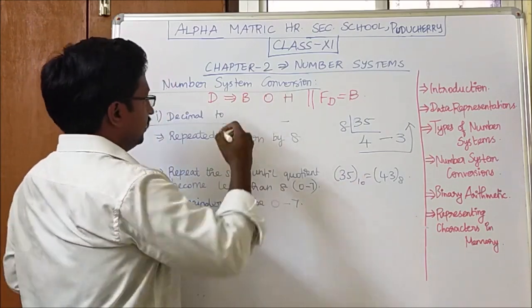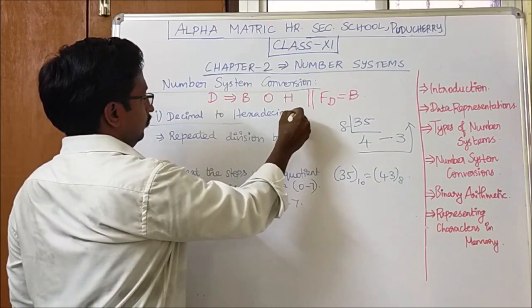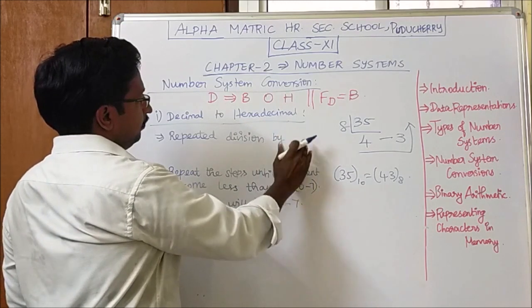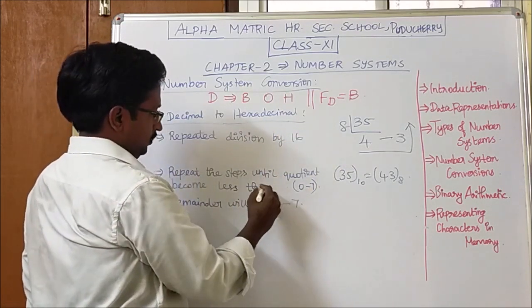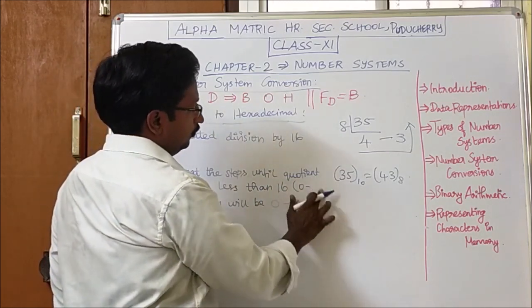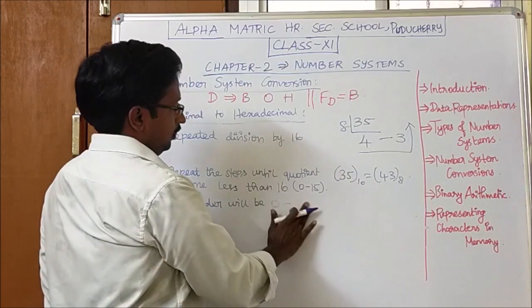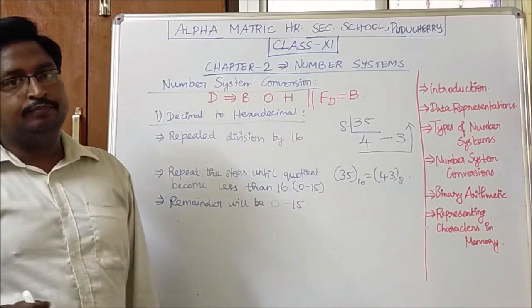A slight change will be there. Repeated division by 16, and the quotient will be less than 16, that is 0 to 15, and the remainder also 0 to 15.